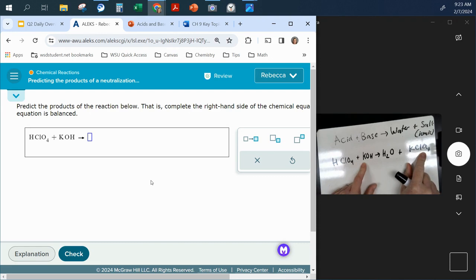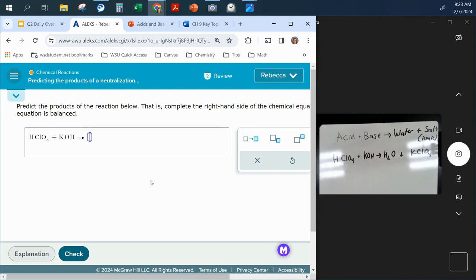This is perchlorate. 1 potassium, and then an oxygen, not with the chlorate. So we don't have to do any balancing for this one. Plus KClO4. Notice we don't have to put if it's aqueous or solid or liquid, so we don't have to do that here.